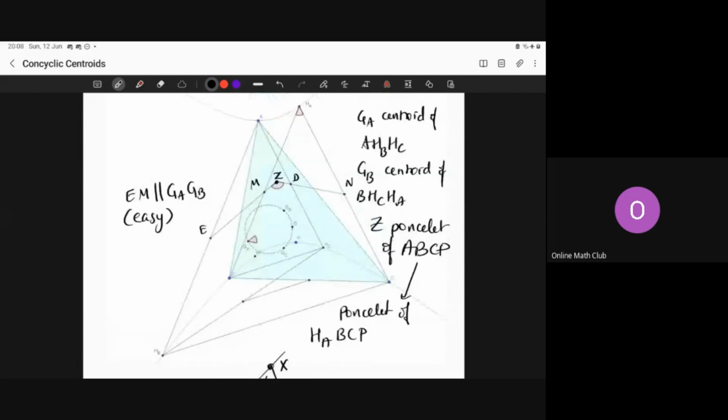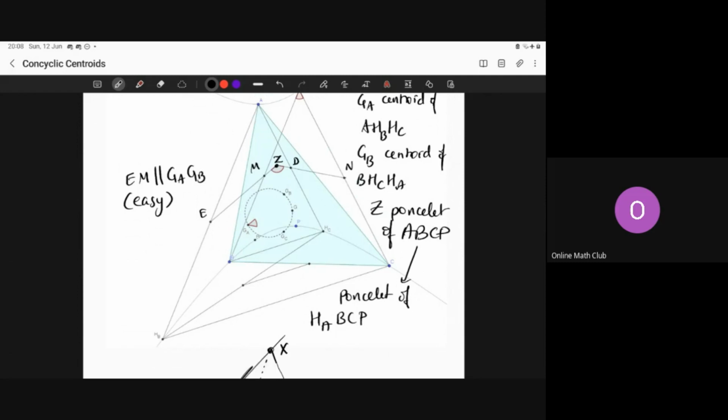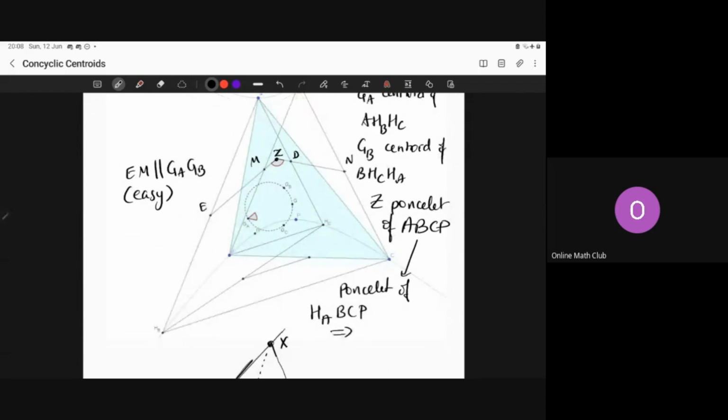And the circumrectangular hyperbola will define the Poncelet point because the Poncelet point is the center of that hyperbola. Yeah, anyway, that means Z lies on the 9-point circle of HABC.